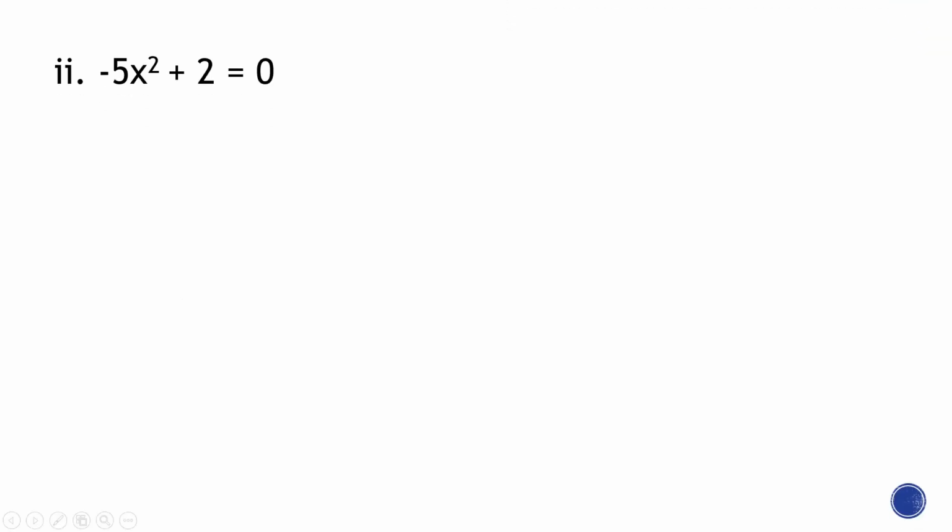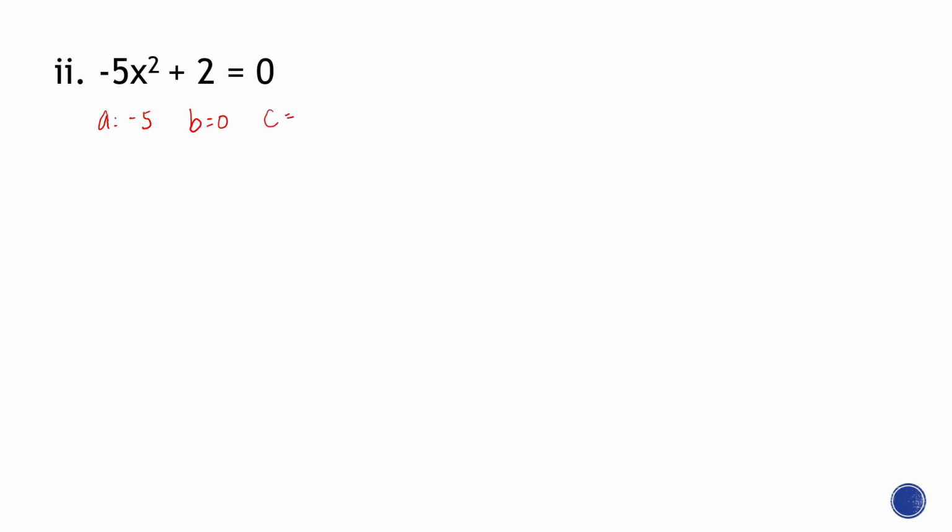We have here -5x squared plus 2, and you might be thinking, oh, this is not in standard form. Well, actually, this is in standard form, but there's no b here. I don't know if you noticed that there's no b. We only have two terms. So what we have here are a and c. Since there's no b, that means b is equal to 0.